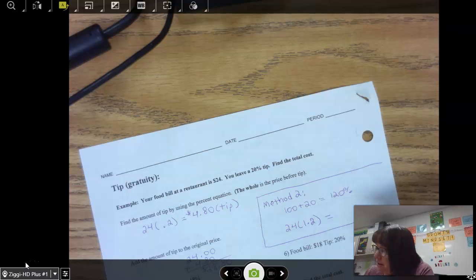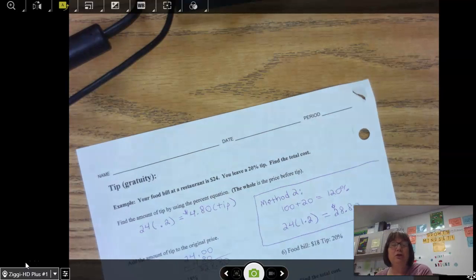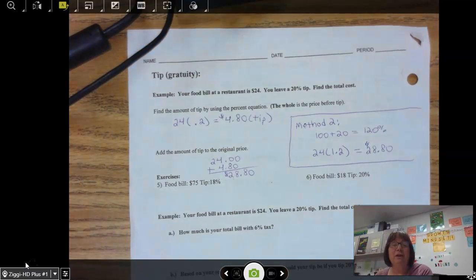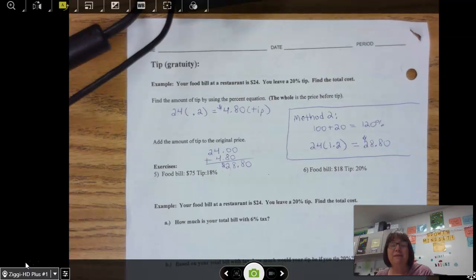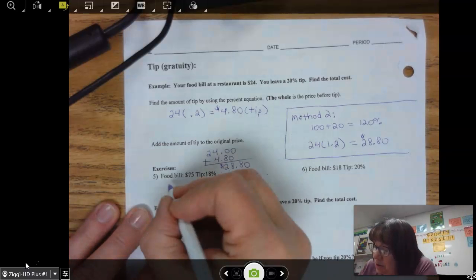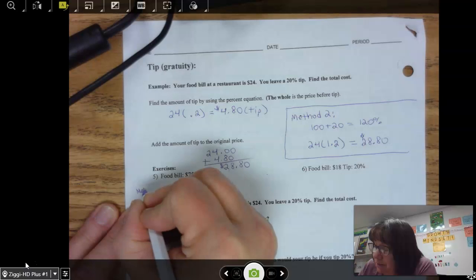And again, that's going to give you the same answer, $28.80. So again, you choose which method you prefer. You can use either of those methods when you solve your problems. So everyone try example number 5 here on your own. Okay, what I hope you did, I'm going to try method 1 on this one.